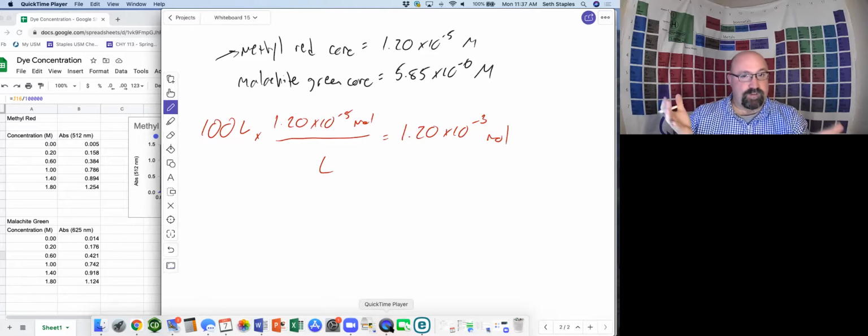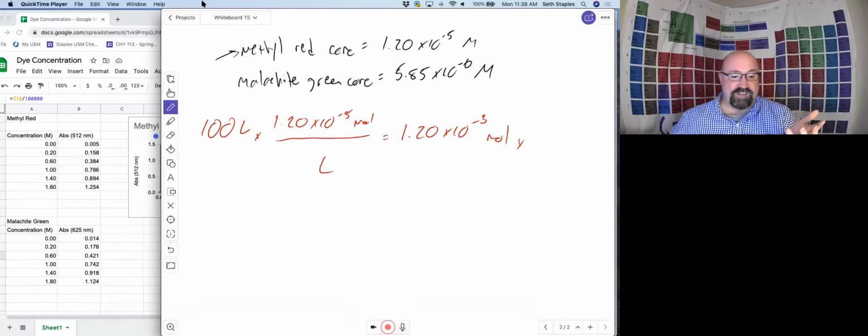Now, we don't work in terms of moles as far as where the calculations are concerned from here on. We want to know the actual amount. We want to know the grams that the fish is taking in. So now we're just going to multiply this by the molar mass. And we can find the molar mass of methyl red pretty easily, honestly. I just Googled it.